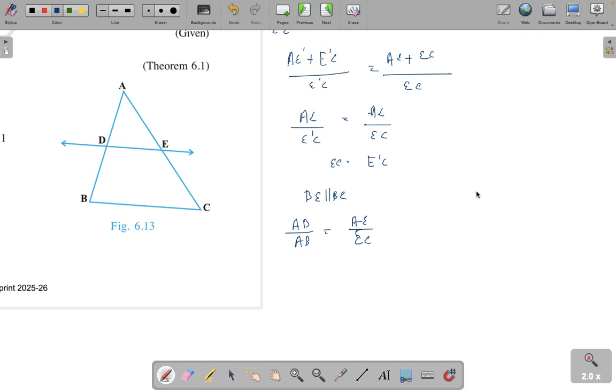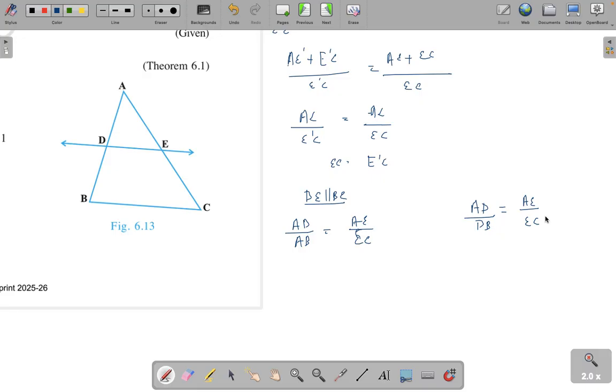Right, you'll write, since DE is parallel to BC, therefore from BPT we can write AD upon DB is equal to AE upon EC. We don't have to prove the BPT, because that is a theorem.